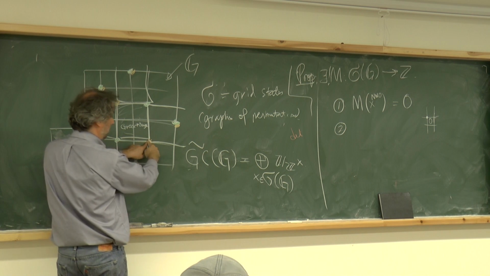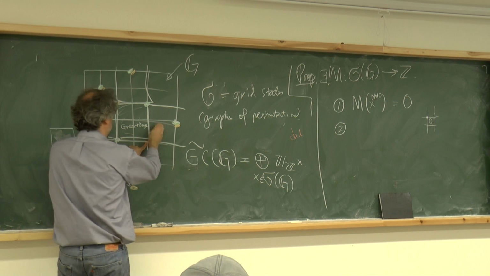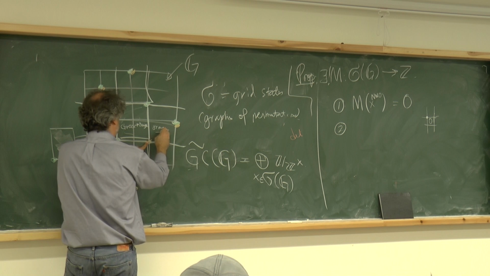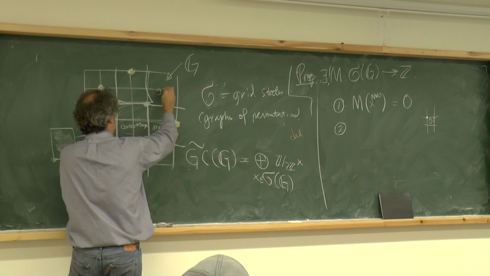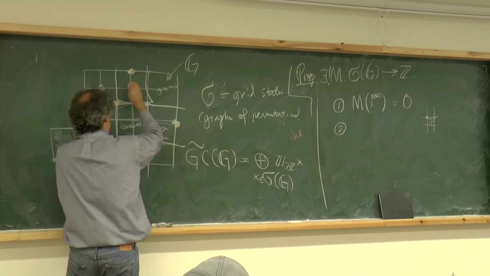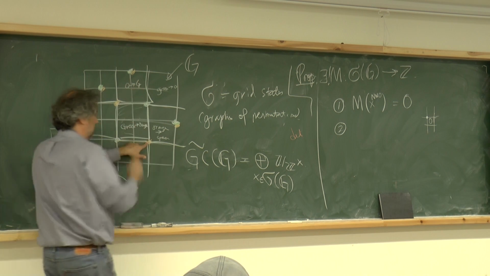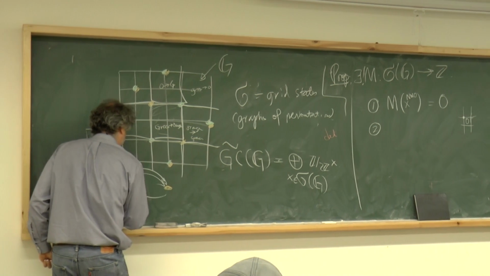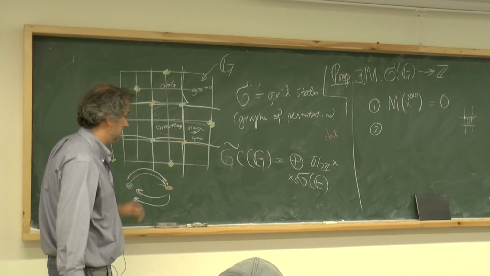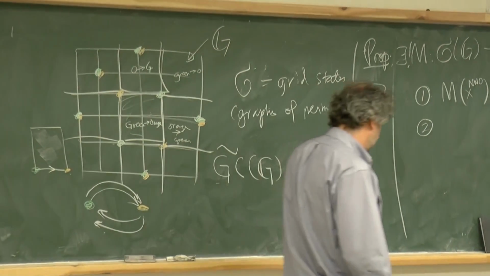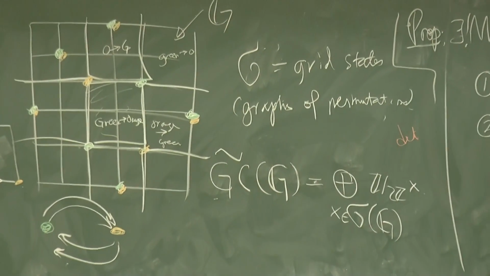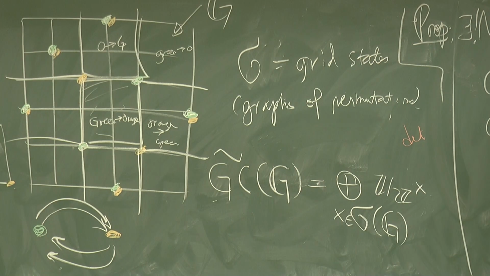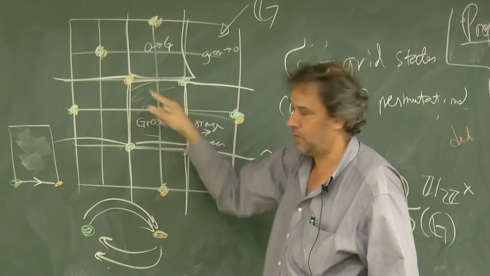And this one goes from orange to green. And this one goes from green to orange. And this one goes from orange to green. Okay? So there are two rectangles that go from green to orange and two that go from orange to green, always.